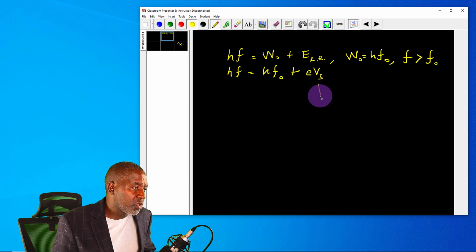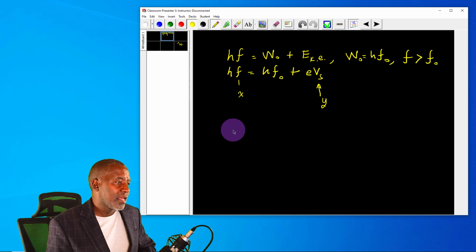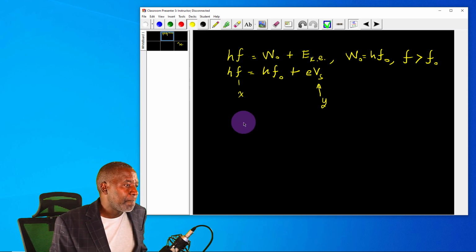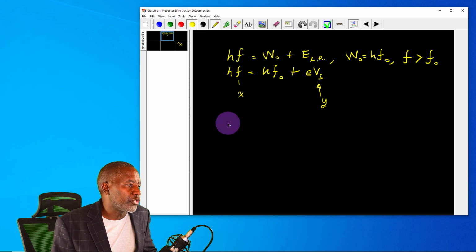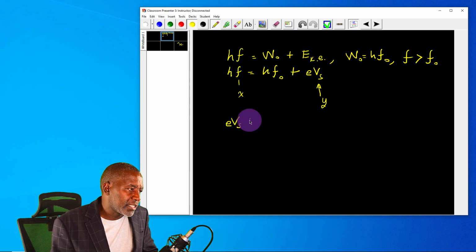Now, this quantity here, Vs, is plotted on the y-axis, while f is plotted on the x-axis. So let's separate the variables. Let me start with eVs plus hf naught is equal to hf.